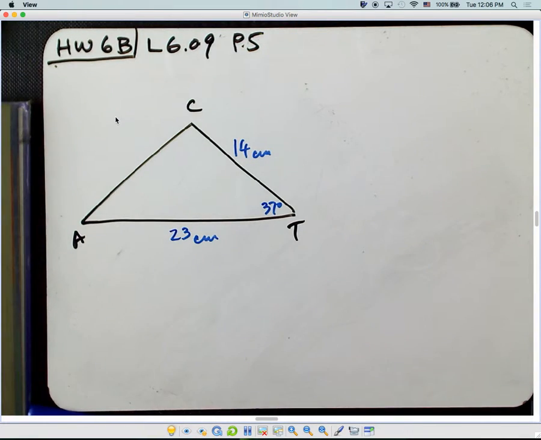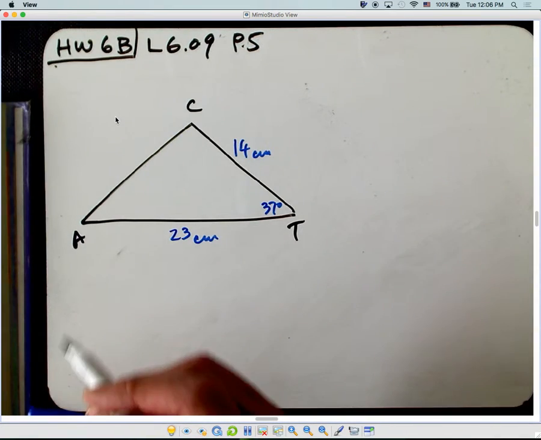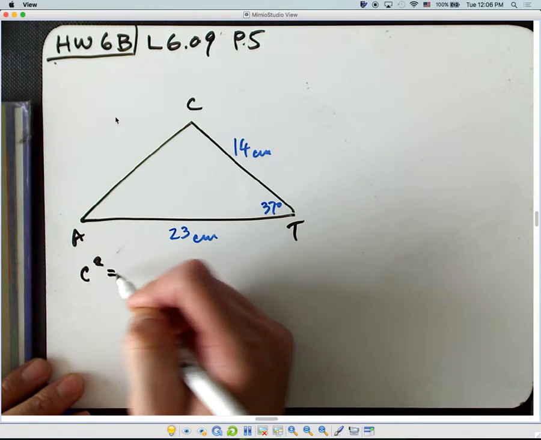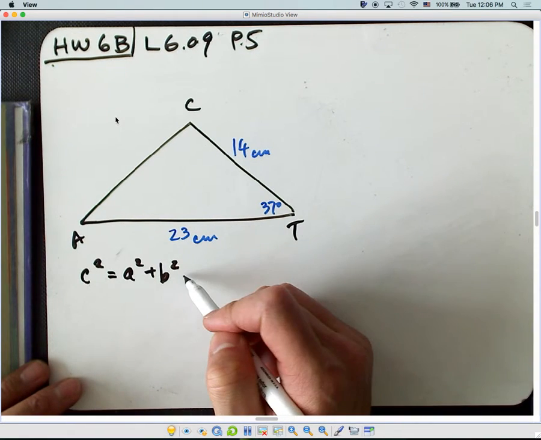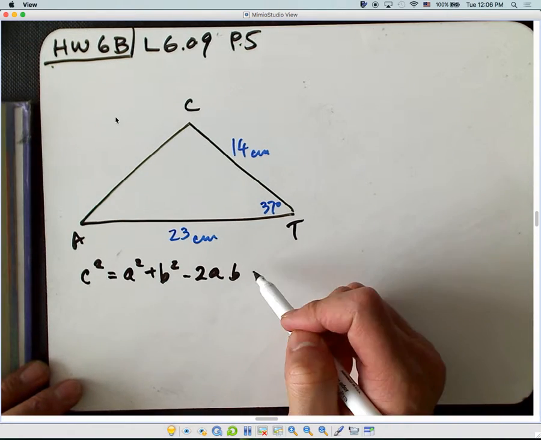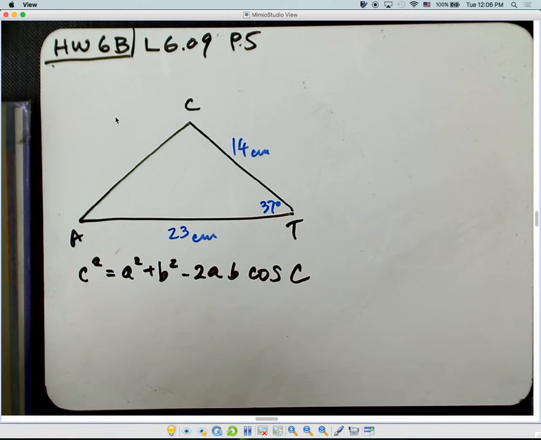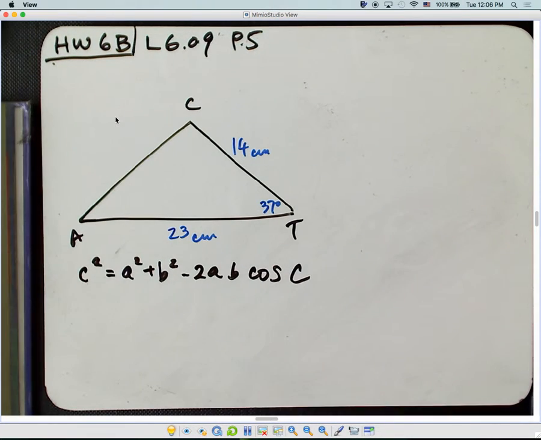So we can use c squared equals a squared plus b squared minus 2 times a times b cosine of c, right? So which one's c and which one's a, right? That's the hardest part. But what do you think?